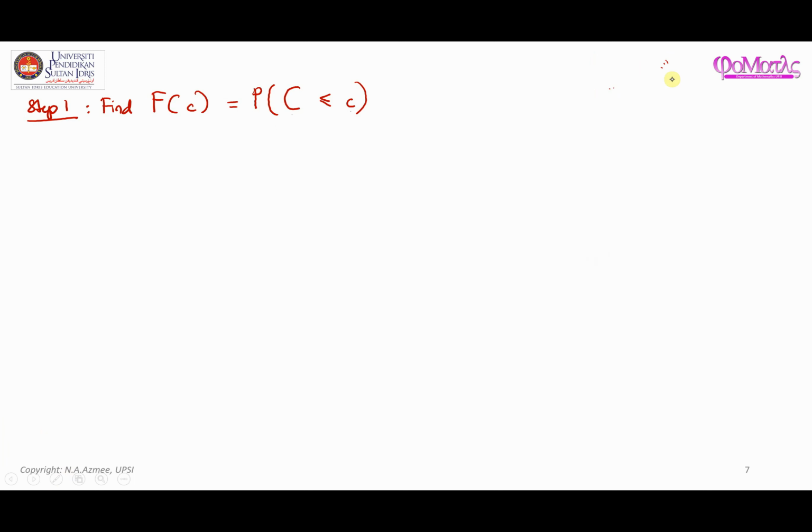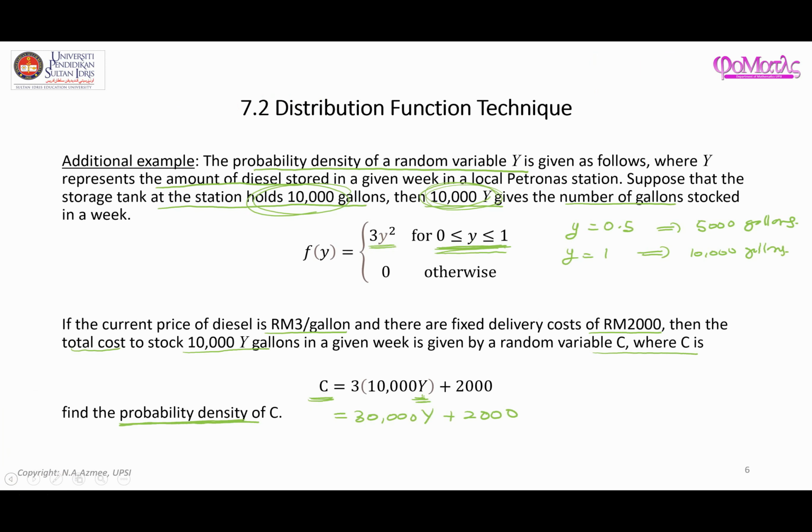So what we're going to do is replace C with what we already know, which is related to Y. Why do we want to replace C with this? Because later on we can use this information, which is related to the PDF of Y. So we replace C with this function here.